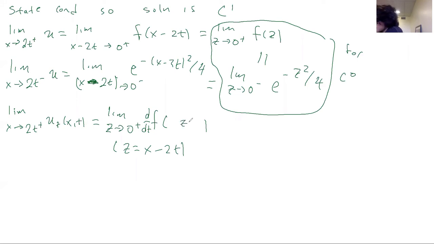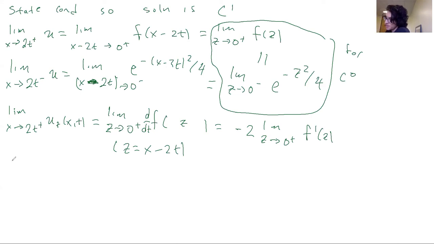So replacing things like that, we end up with minus 2 times the limit as z goes to 0 from above of f prime of z.